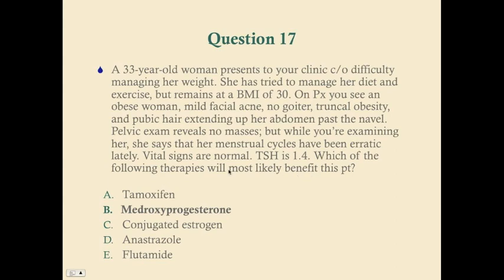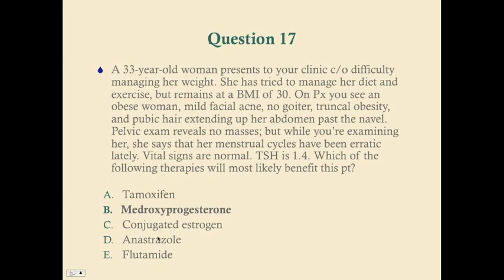Of course, we're not going to treat the patient without doing the sonogram because we have to get that to make the formal diagnosis. But what we can do here is rule out that it may be caused from hypothyroidism, which may cause delayed menstrual cycles. So we know it's not that because the TSH is normal. And we've got the androgenizing signs, we've got the obesity, and we've got the oligomenorrhea. So those are all consistent with polycystic ovarian syndrome.